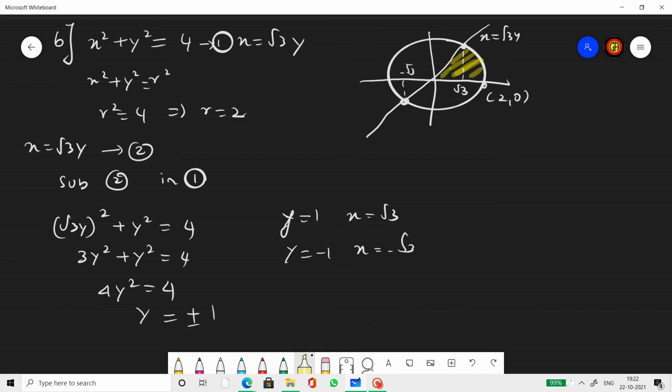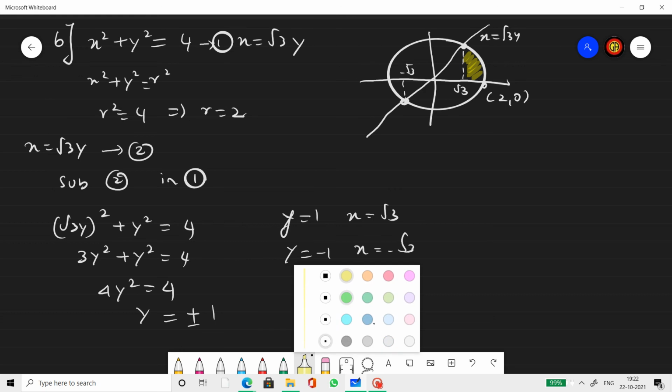But this region is broadly made up of two regions. Let's shade one region in one color and the other region in some other color.